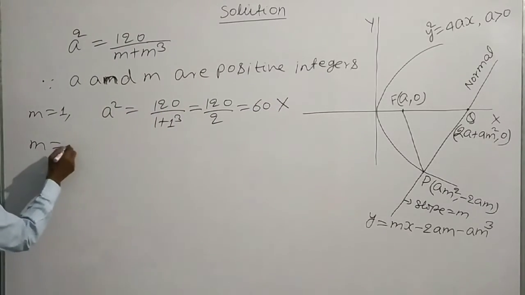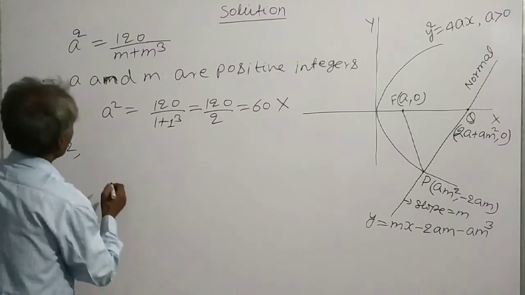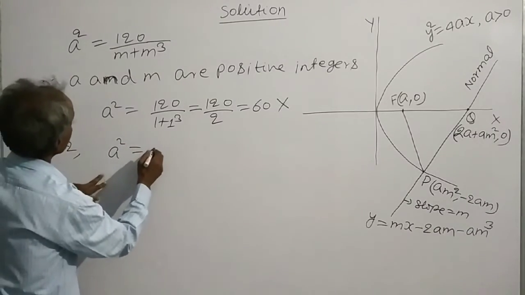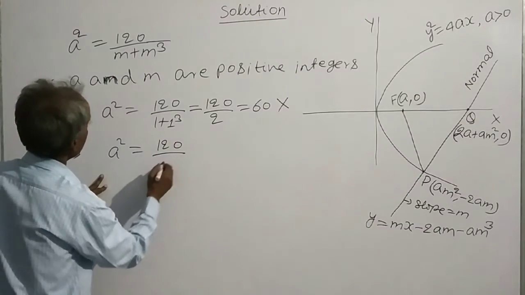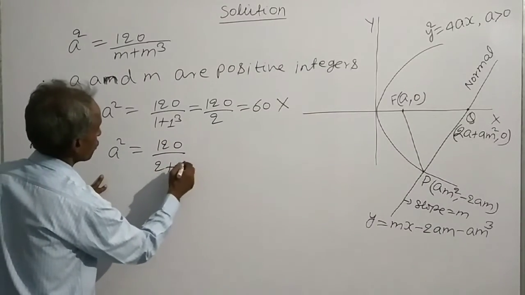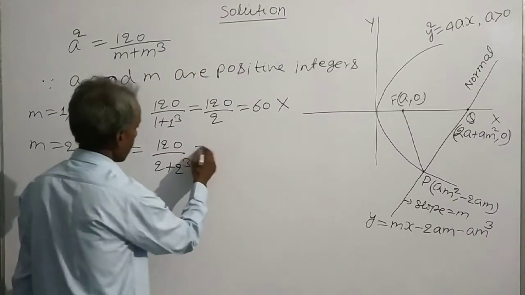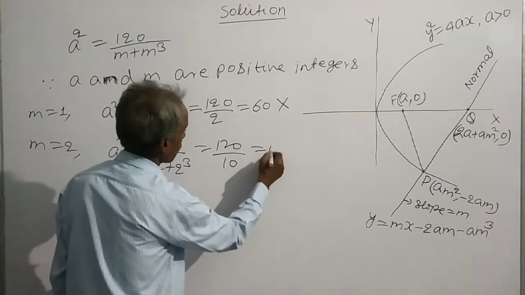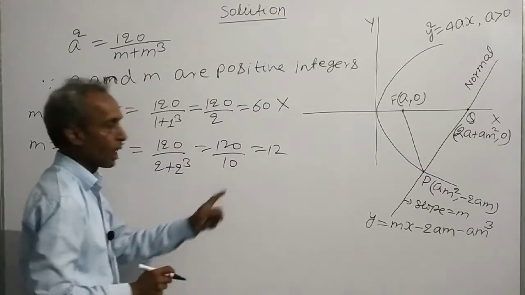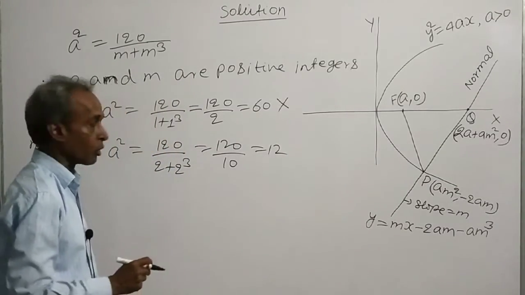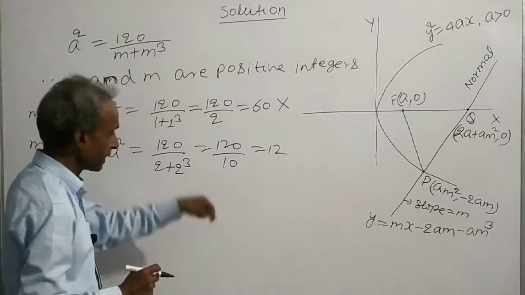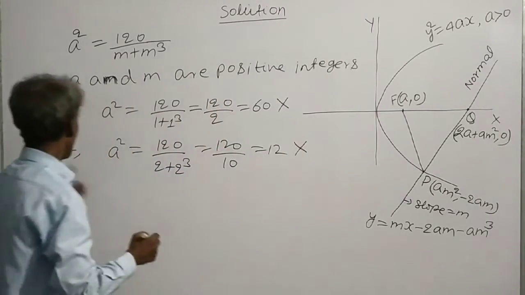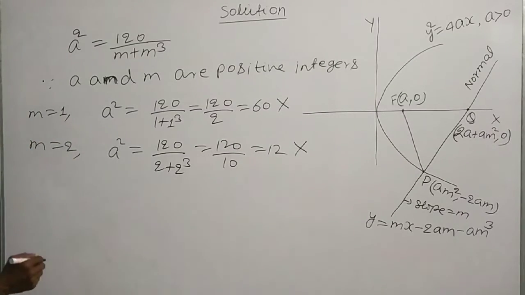When we put m is equal to 2, we get a square is equal to 120 by (2 plus 2 cube), that is 120 by 10, that is equal to 12. 12 is also not a square of any positive integer, therefore this value of m is also not acceptable.